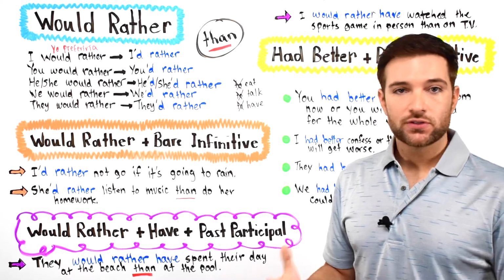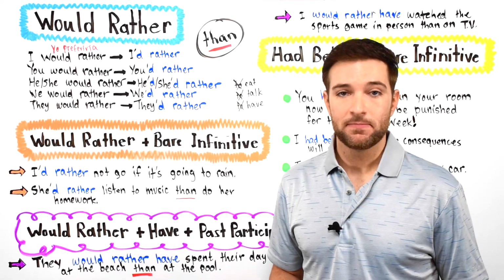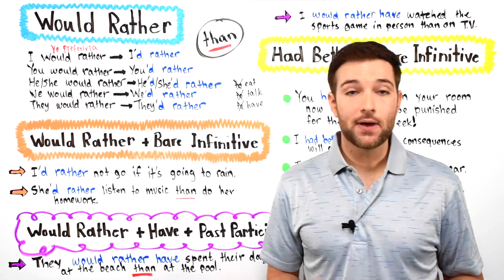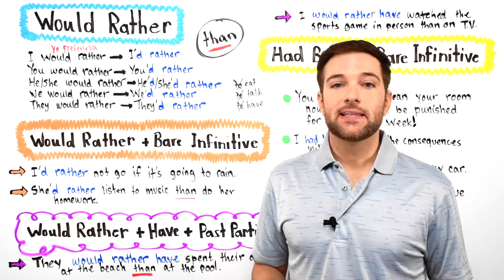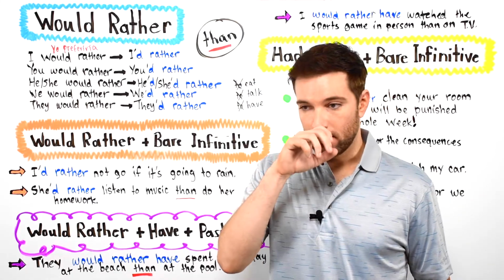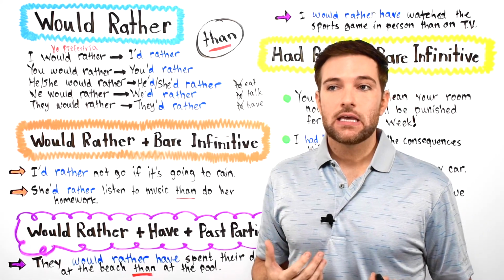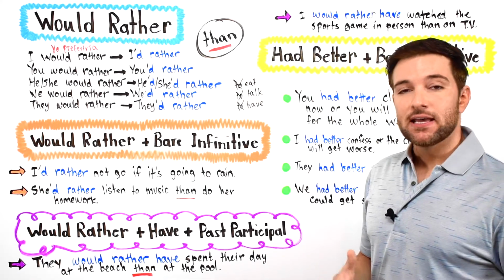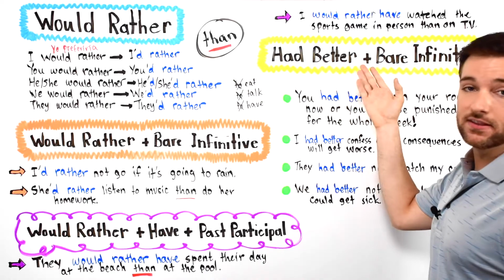En inglés, usar esta frase hace que su oración sea lo más fuerte posible y se considera mucho más fuerte que usar los verbos should o must, porque usualmente hay una sensación de amenaza o advertencia asociada con su uso. Recuerden que aunque esta forma parece que se referiría al pasado, en realidad solo se refiere al presente o al futuro, okay? With had better and then the bare infinitive.